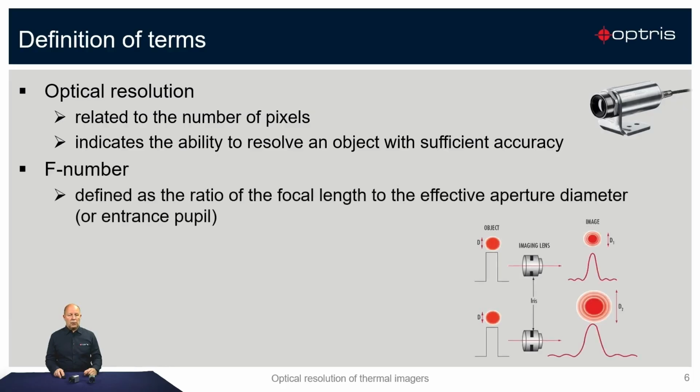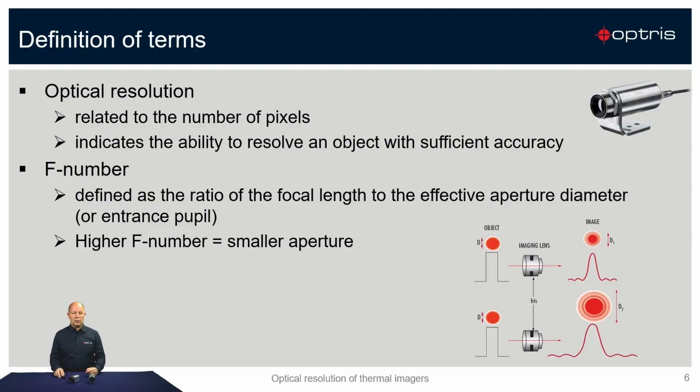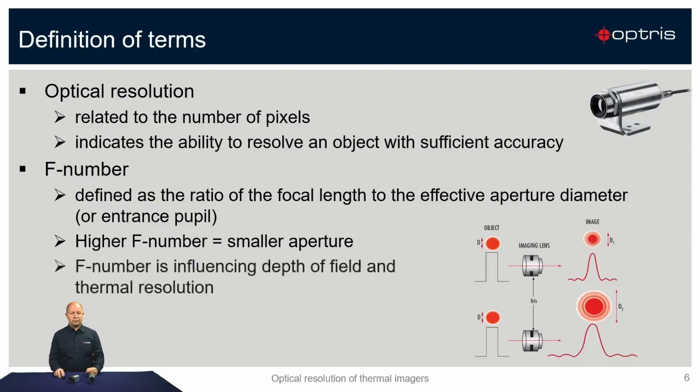The F number is defined as the ratio of the focal length to the effective aperture diameter, or entrance pupil. Easy to say, also you can say the F number defines the opening of your optics. That means if you have a high F number, it means the aperture of your optics is very small and you get less energy through your optical system to the detector.